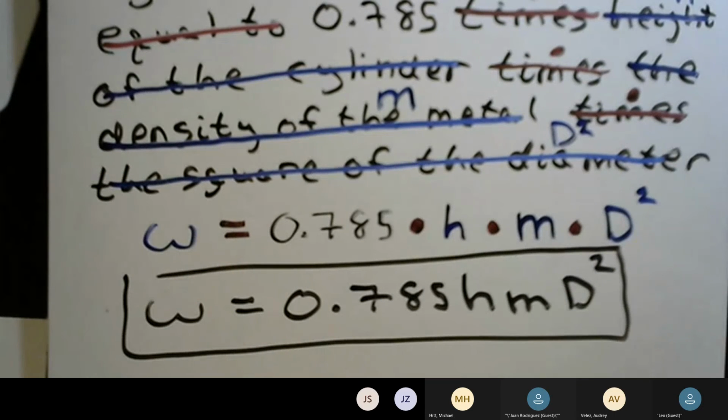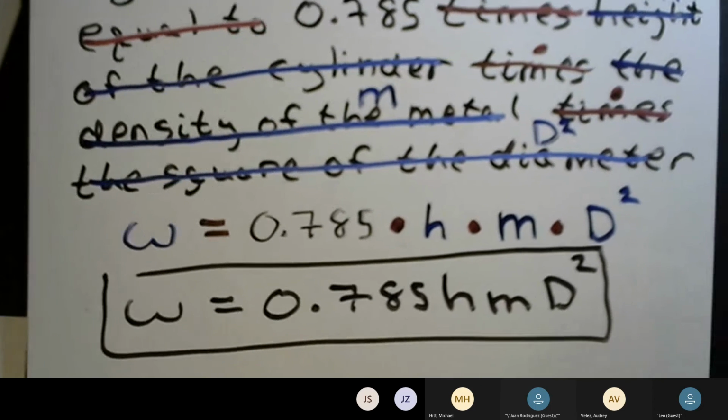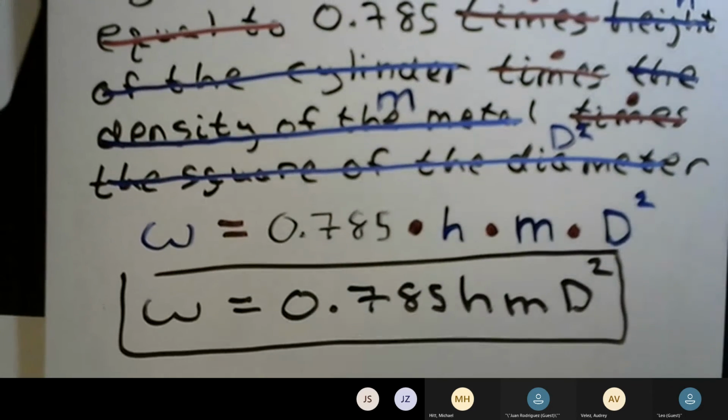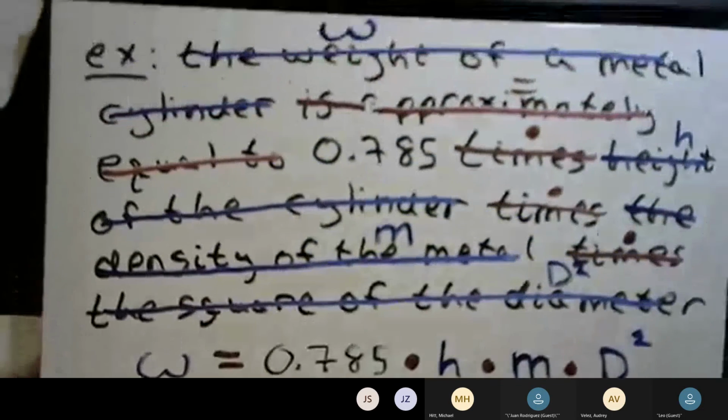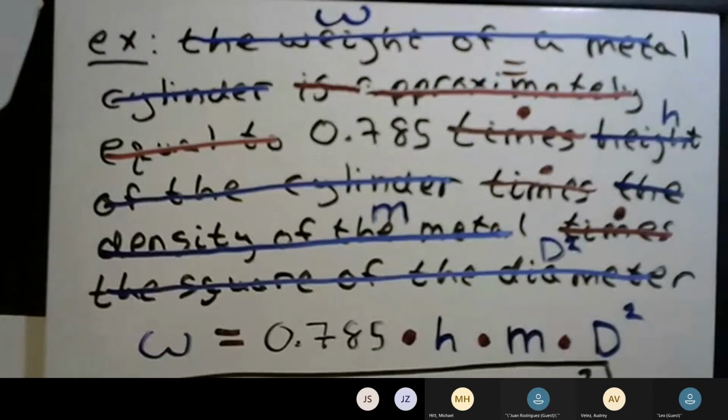And that's going to be our answer. Questions about that? So that's how you can translate, at least in English, using words that quantify or represent quantifications in English.